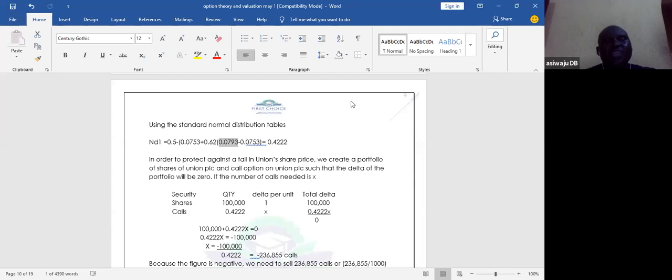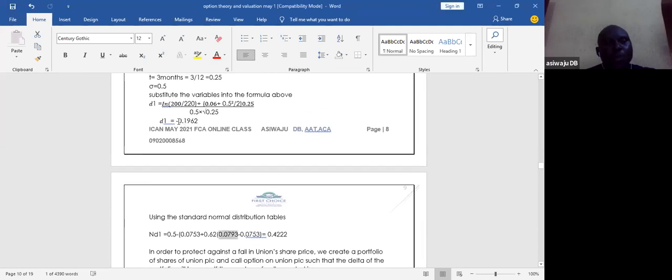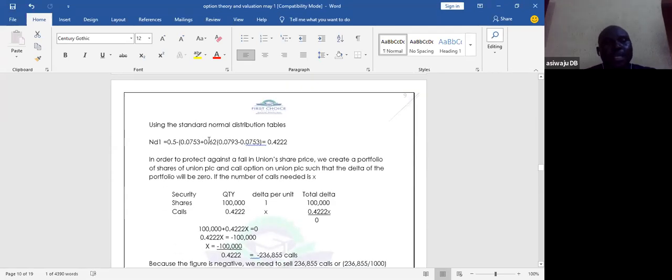Now, how do I get my 0.62? Look at it here. The first thing you check was 0.1 under 9, right? Look at my highlighted. You are left with 6.2. You now introduce 0.62. That is where this 0.62 is coming from.